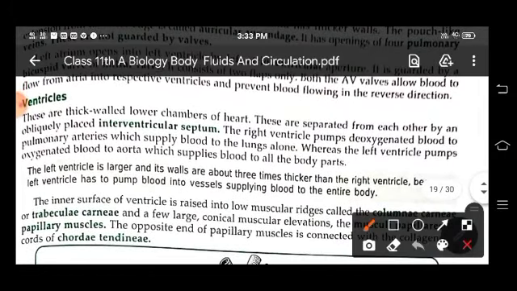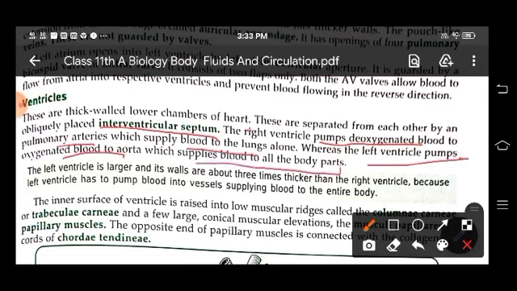Ventricles are thick-walled lower chambers of the heart separated by an oblique septum known as the interventricular septum. The right ventricle pumps deoxygenated blood to the pulmonary arteries which supply blood to the lungs alone, whereas the left ventricle pumps oxygenated blood to the aorta which supplies blood to all the body parts. The left ventricle is large and its walls are three times thicker than the right ventricle because the left ventricle has to pump blood into vessels supplying blood to the entire body.